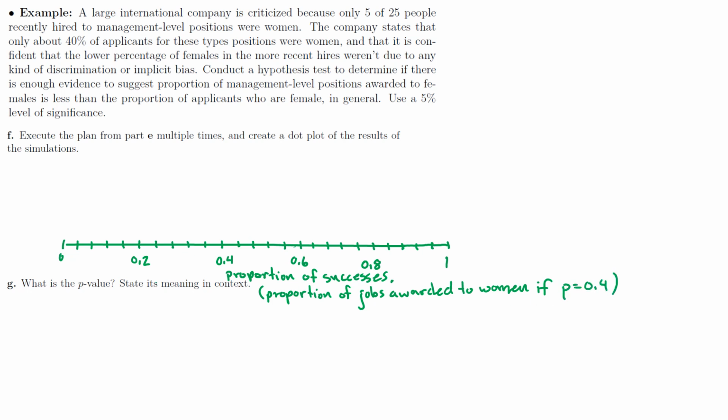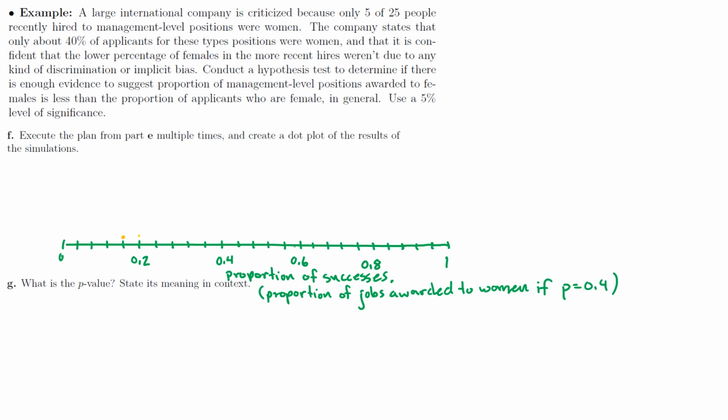This is telling us how much variation we expect to see if the null hypothesis were in fact true. All right, so let's put some dots on here like we did last time. Just looking back at the applet, and I'm taking this from the chart we just made, we've got 1 dot at 0.16.